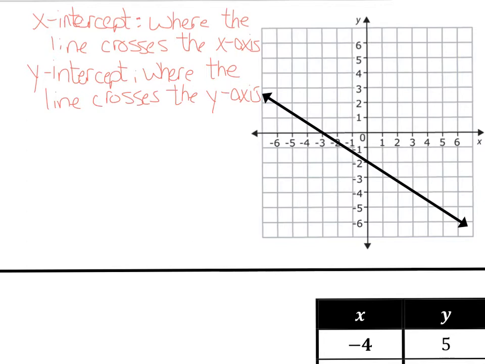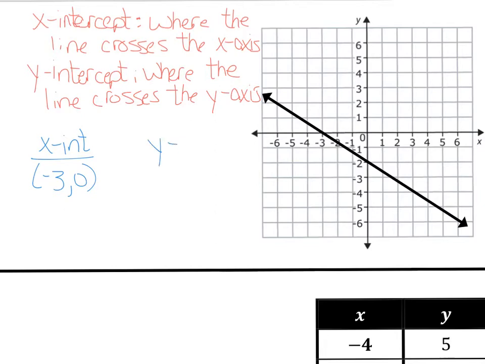So for this line, if we look for the x-intercept, and I will often abbreviate it just because we're going to write it a lot, the x-intercept is right here. What are the coordinates of that point? The coordinates of that point are -3, 0. So the x-intercept of that line is -3, 0.